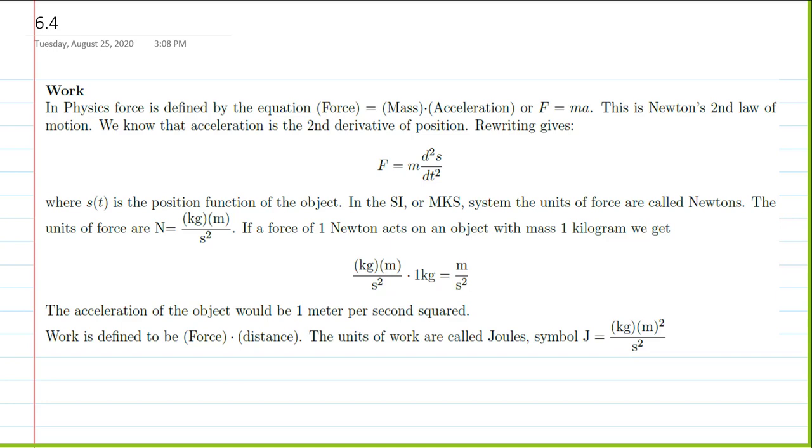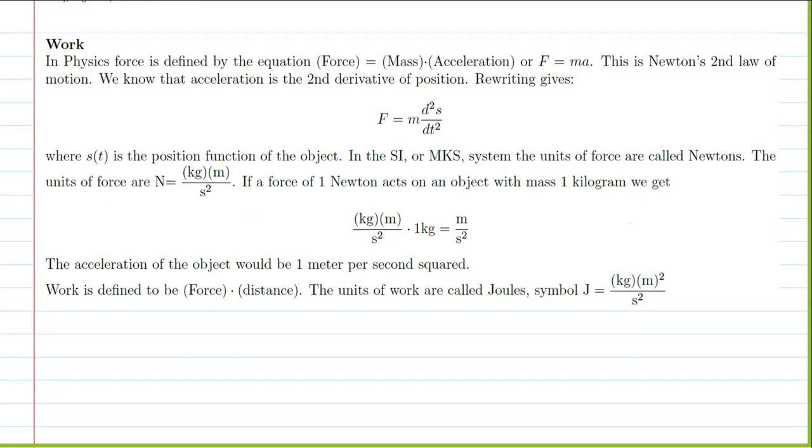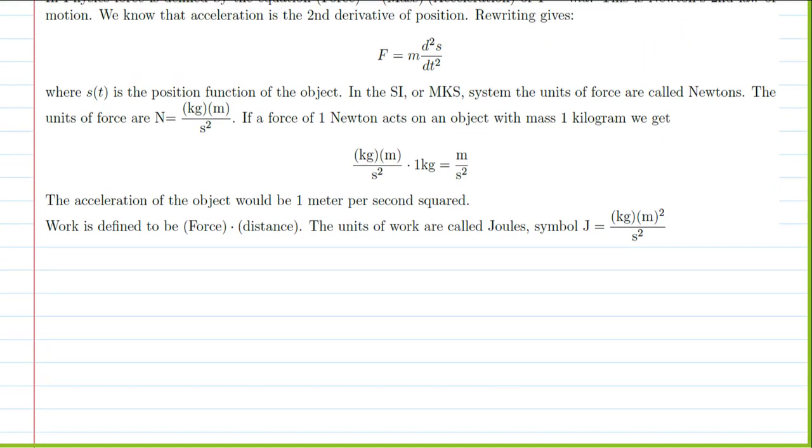So if a force of 1 newton acts on an object with a mass of 1 kilogram, that's not written down correctly, we get meters per second squared, but then we have kilograms times kilograms.